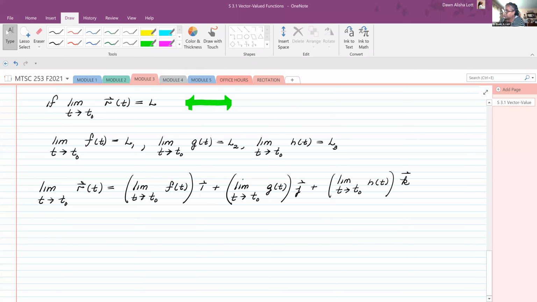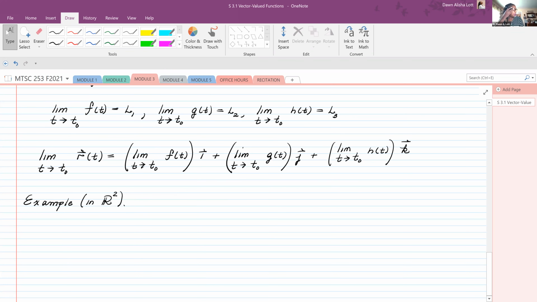Okay, so I'm going to give you an example. In R2, r of t is equal to the cosine of t i plus the sine of t j.